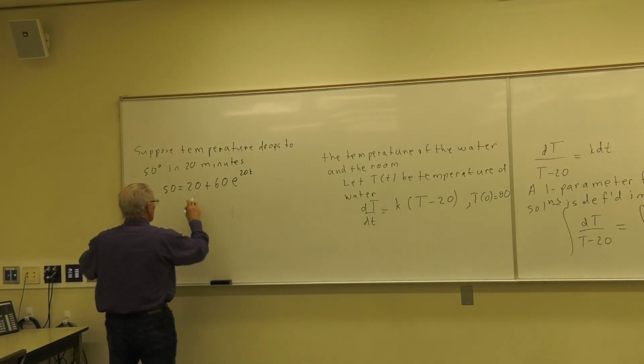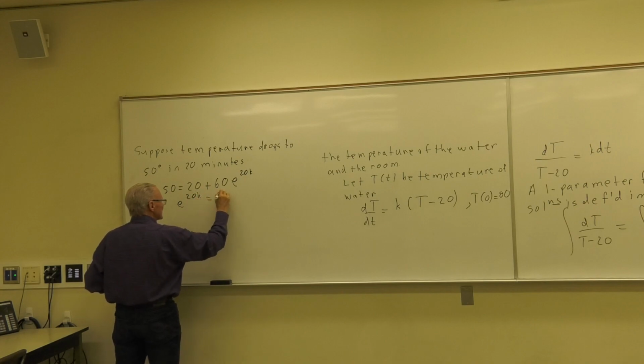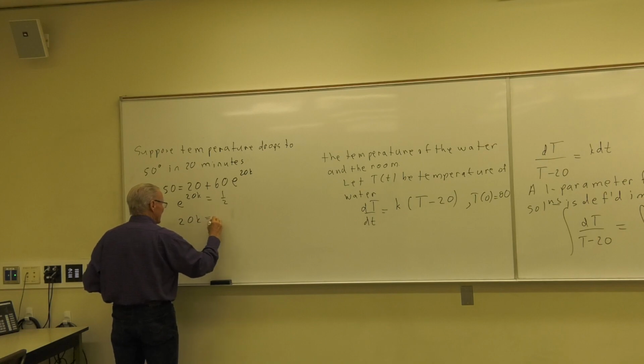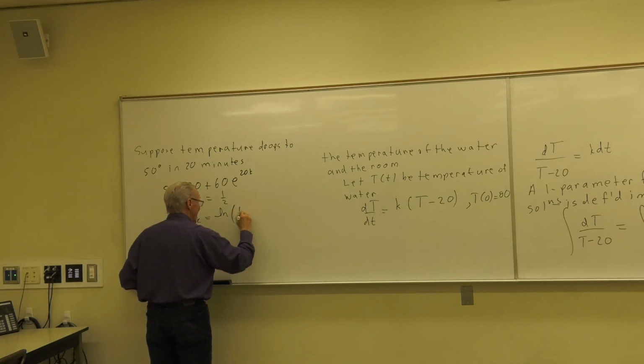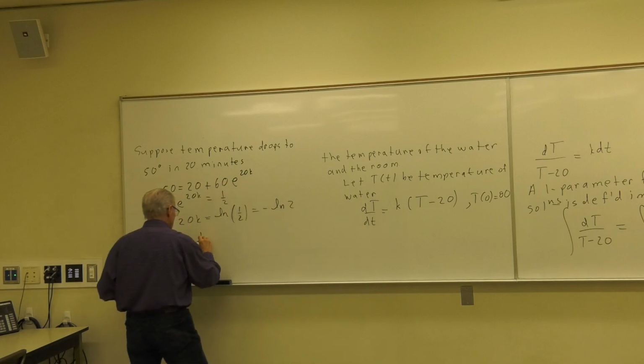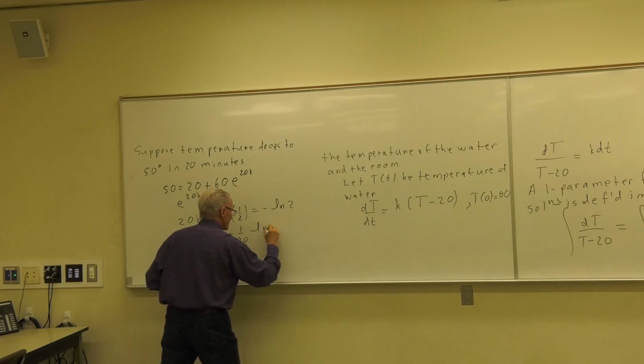Solve it. You take this over here, that's 30. 30 over 60 is a half. So we'd have e to the 20k is equal to a half. If I take logarithms, 20k is equal to the logarithm of half, which is equal to minus the logarithm of 2. And therefore k is equal to minus 1 over 20 log 2.